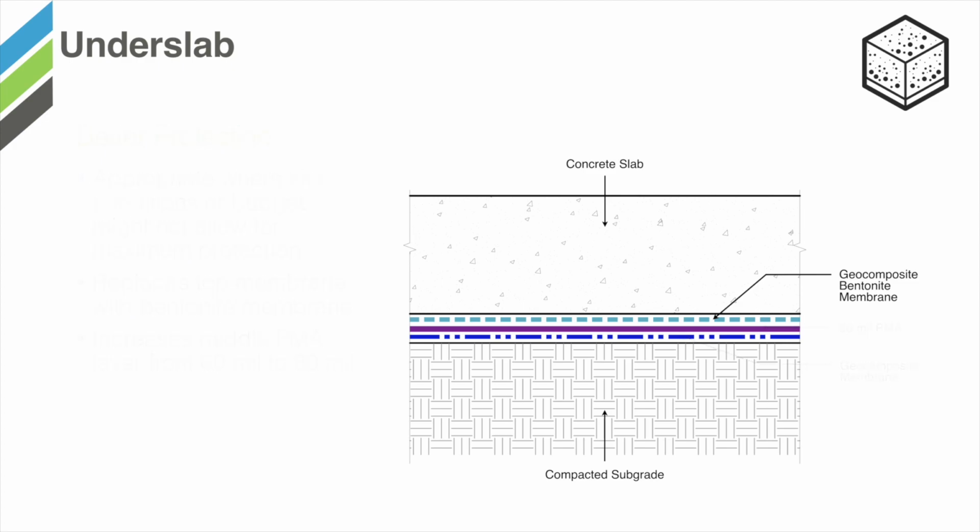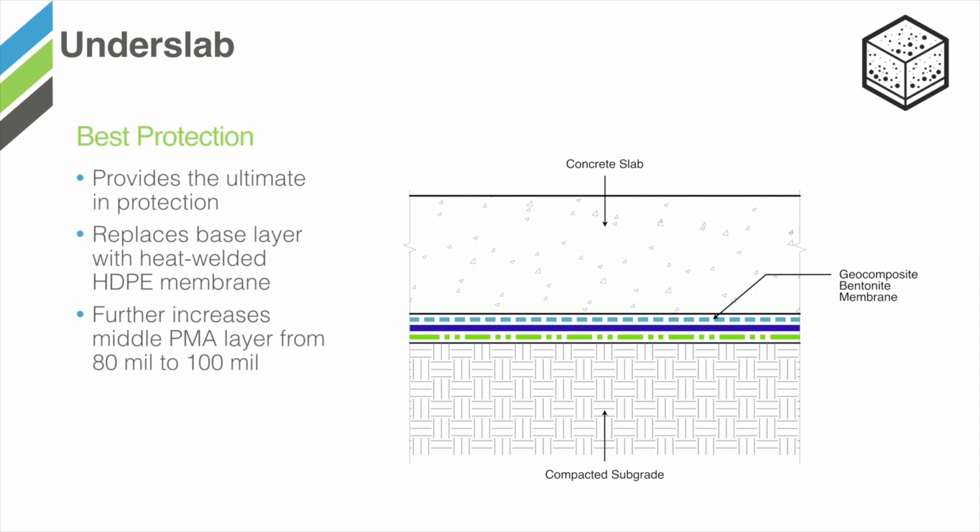To move from better protection to best protection, additional layers are swapped out. In this type of condition, the best protection is required when the ultimate assembly is needed, or if project conditions require. In some cases, what this will mean is significant contamination is present, or there's significant hydrostatic pressure.